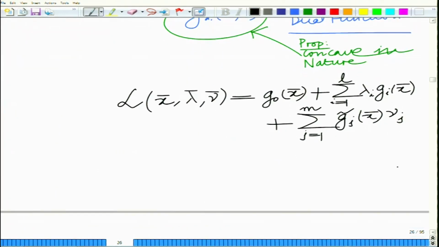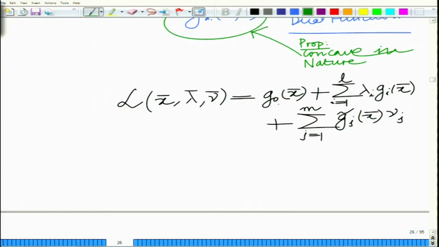Now if you closely observe this function, even though it is a complicated function of x bar, it is a linear combination of g naught x bar, the g i x bar and the g j tilde x bar. And what are these Lagrange multipliers lambda i and nu j? They are nothing but the weights, and therefore it is affine in the Lagrange multipliers. That is important to remember.